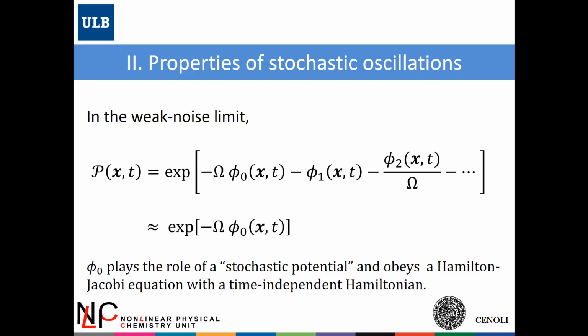Hamilton-Jacobi equation in the sense that we get an equation for phi 0 that looks very much like the Hamilton-Jacobi equation in classical mechanics. And doing that, we also observe that this Hamilton-Jacobi equation has a time-independent Hamiltonian, so it means that one can associate a constant energy, so to speak, to this system. But it's not really an energy; it's more like a pseudo energy.